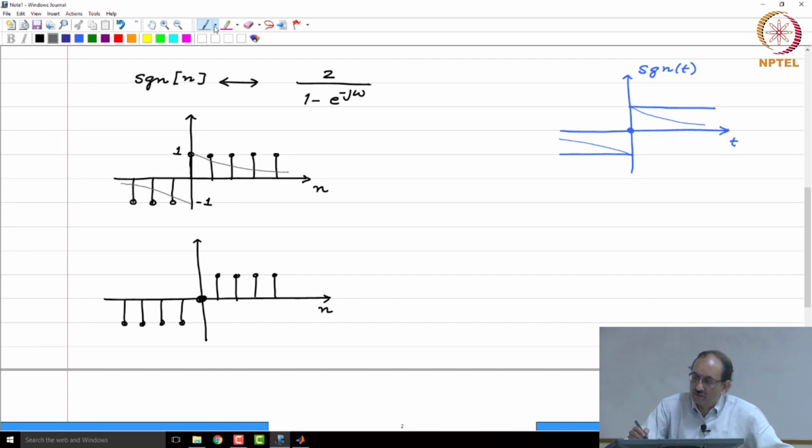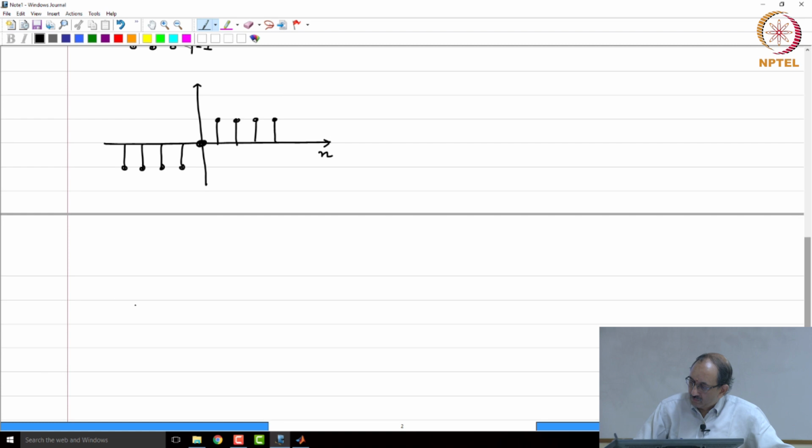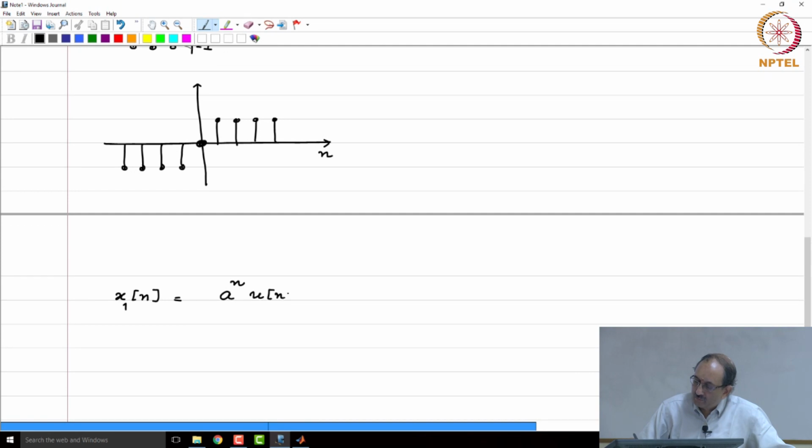All right. So you'll see that it all makes sense once I write down the equation. So I will write x1 of n as a to the n u of n, where a is between 0 and 1.